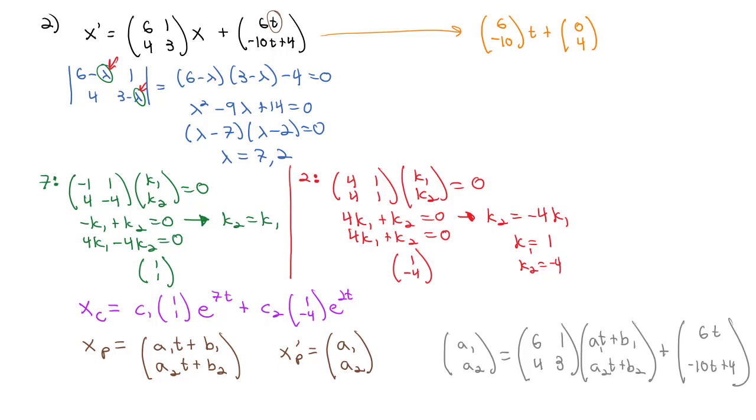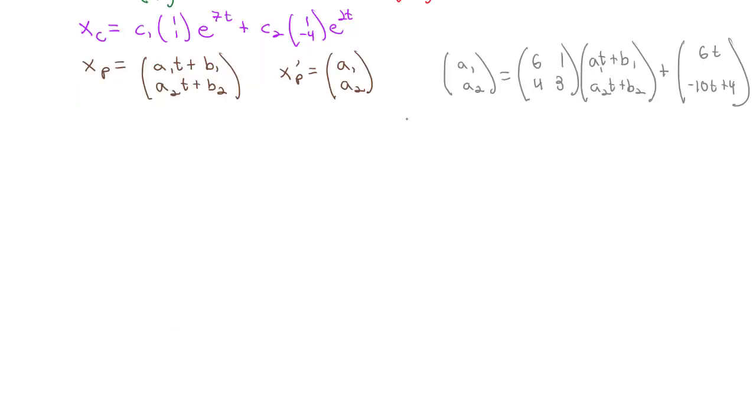And so this is what we're going to have to play with in order to find what a1, a2, b1, and b2 are. Multiplying this out, we get a1 is equal to 6 times the a1t plus b1 plus 1 times the a2t plus b2 plus the 6t.